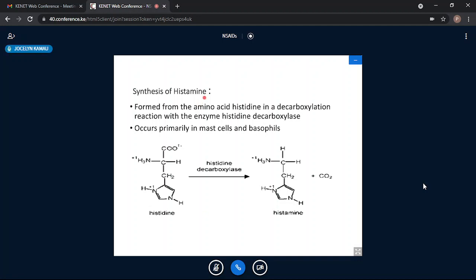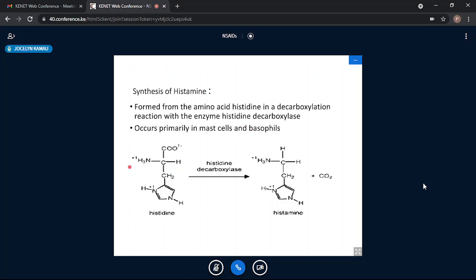Synthesis of histamine, as we have said, occurs in our body. It is formed from the amino acid histidine, decarboxylated by the enzyme histidine decarboxylase, and occurs primarily in the mast cells and the basophils.